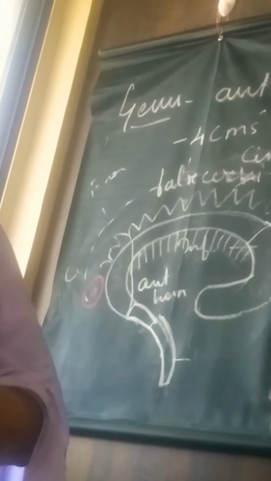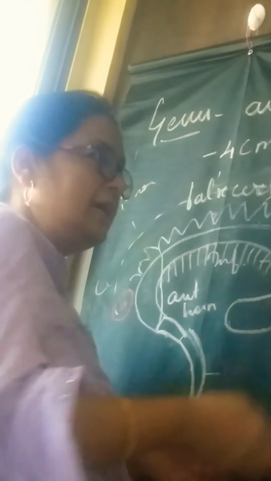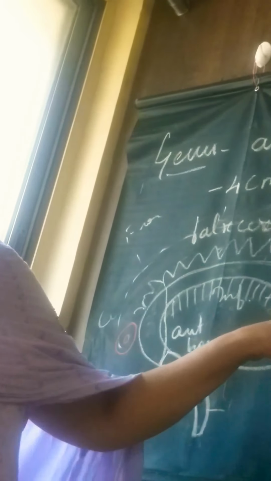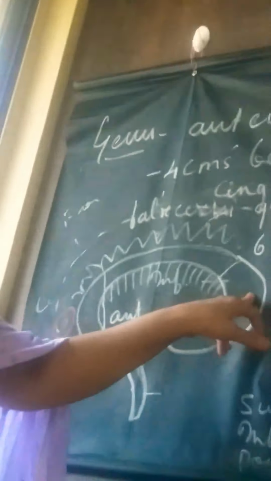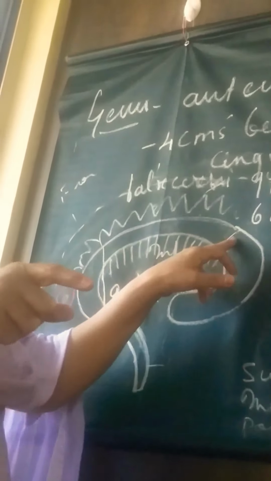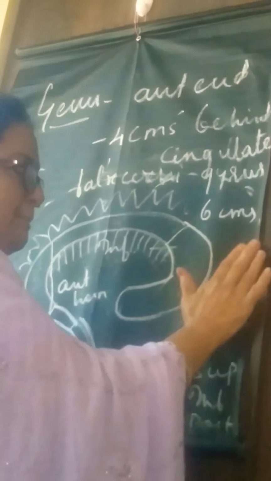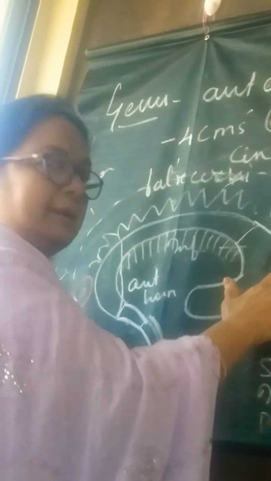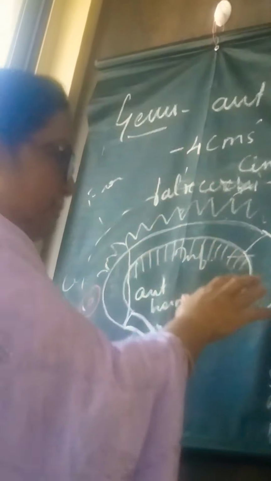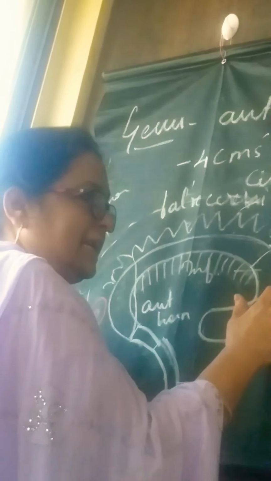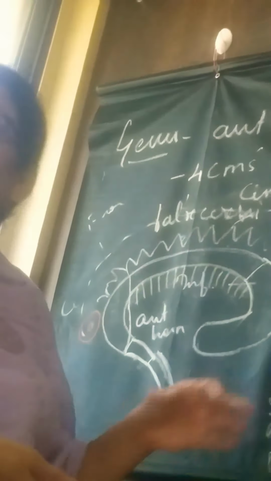The superior surface is related to the inferior sagittal sinus and the falx cerebri.